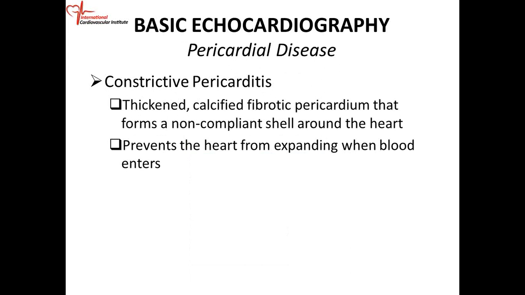So when in diastole, the heart is bouncing against this thing because it cannot expand. The systolic function is good, but the diastolic function, it cannot accommodate a significant amount of blood in diastole. Okay, it's a non-compliant shell around the heart, so it prevents the heart from expanding when blood enters.